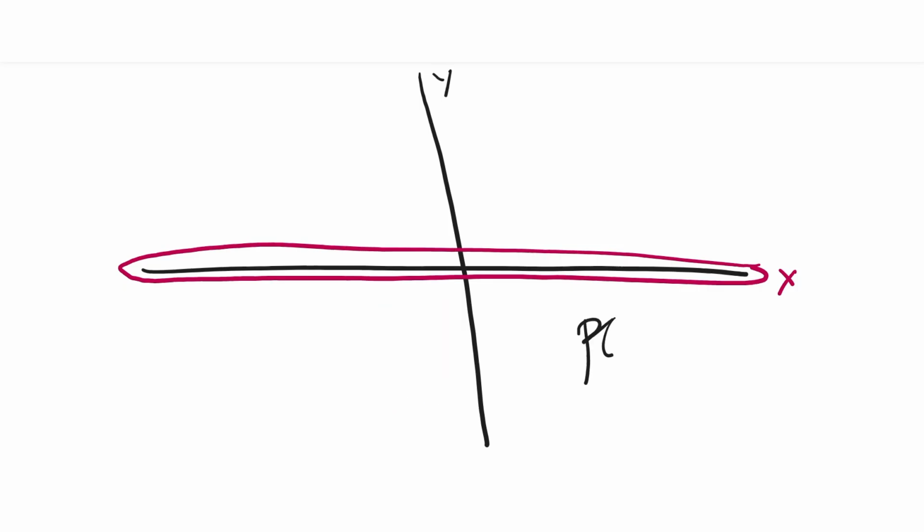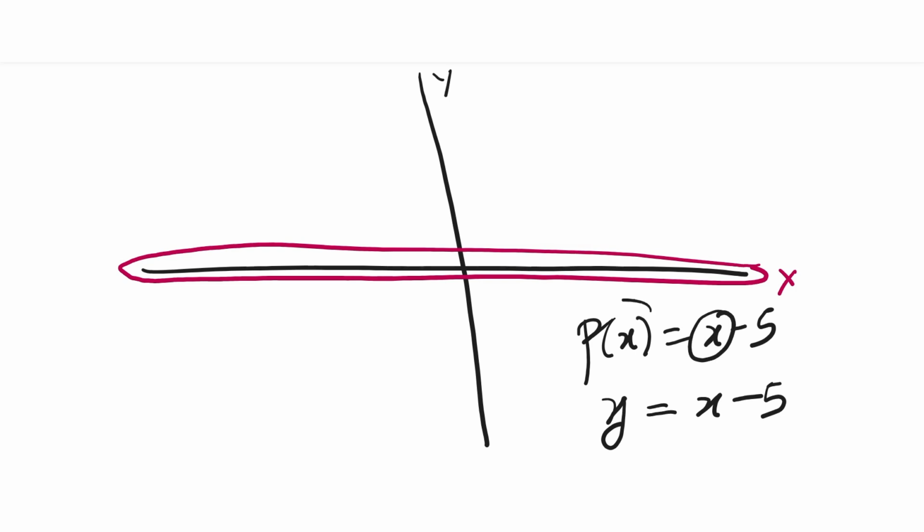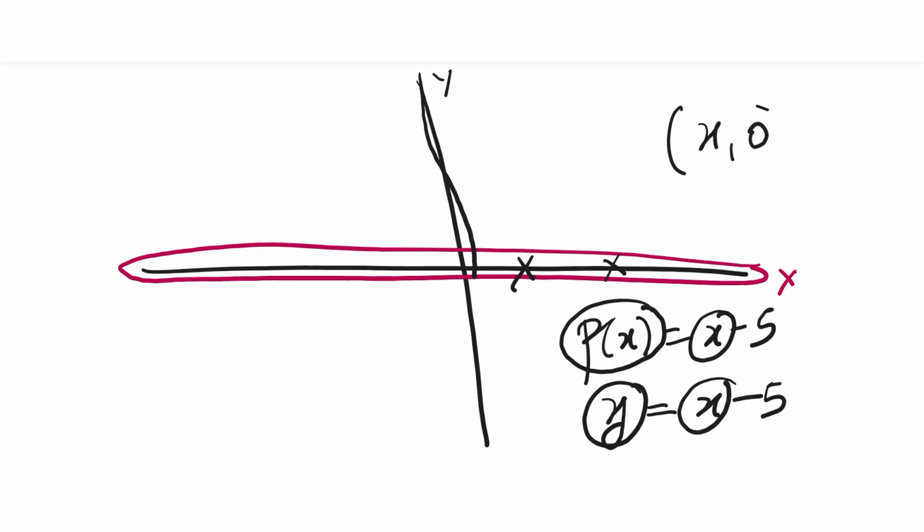So when I write p of x is equal to, let's take an example, x minus 5, it is the same thing as y is equal to x minus 5. So I'm basically finding the value of x to find the value of y. Graphically, my zeros of a polynomial are the points that lie on the x-axis such that the value of y is equal to 0. So it is something like my x-axis and my y-axis. This is your zero of polynomial.